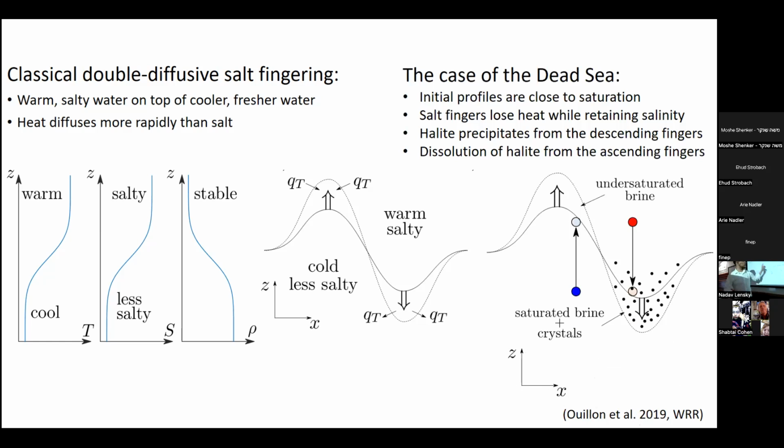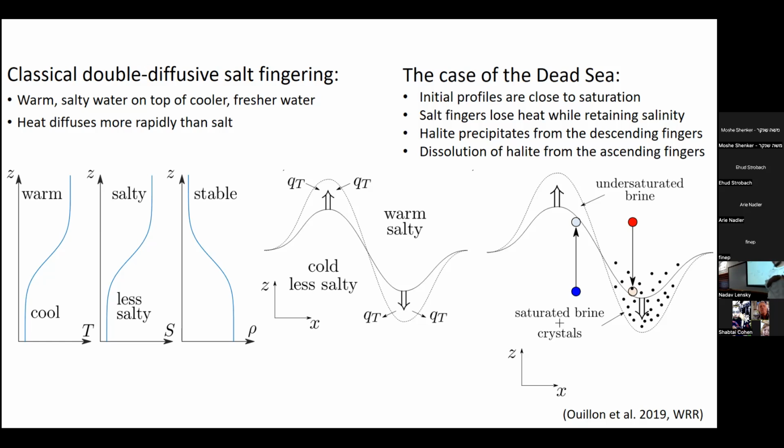And it always happens when we have temperature and salinity opposing in their influence on density. So warm makes it lower density, salty makes it higher density, and the overall process, because of diffusion, is these instabilities that tend to grow.